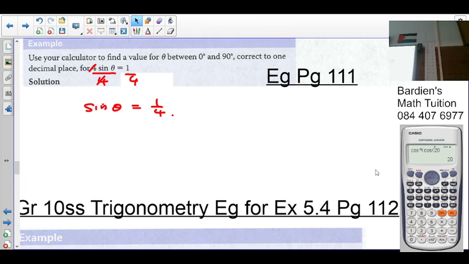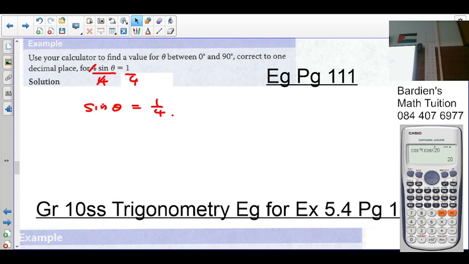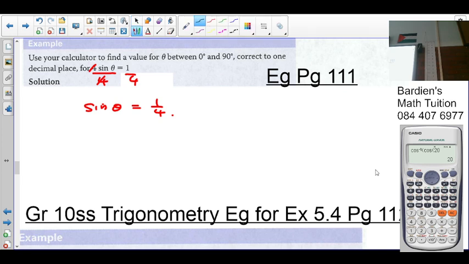So what do I do now? Now I can apply arc sine. So I say arc sine of sine of theta is equal to, remember I've added arc sine to the left hand side, we'll add arc sine to the right hand side as well. So what is arc sine of sine of theta? If arc sine of sine of 50 was 50, so arc sine of sine of theta is theta.